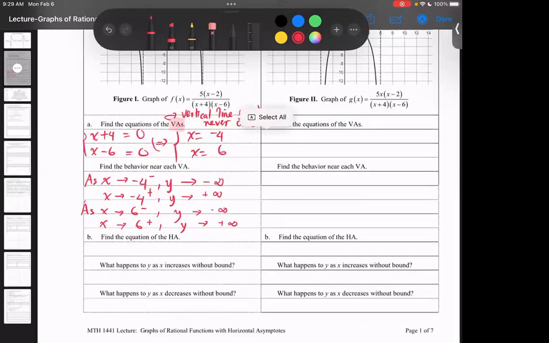So that's the characteristic of a vertical asymptote. The function goes to infinity, either positive or negative, around the vertical asymptote.